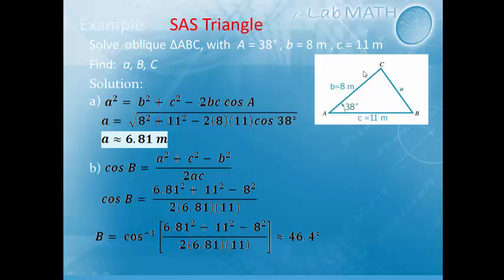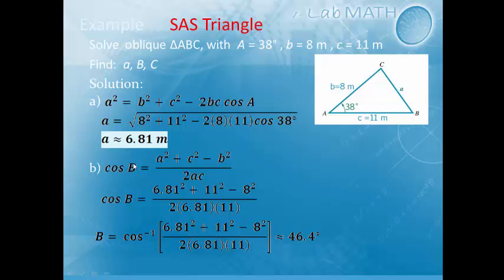So now we are ready to solve for angle B. Cosine B is equal to A squared plus C squared minus B squared over 2AC. Substituting the values, we can now get angle B inverse cosine. Make sure you have a parenthesis here. Try to calculate this, and angle B is equal to 46.4 degrees.